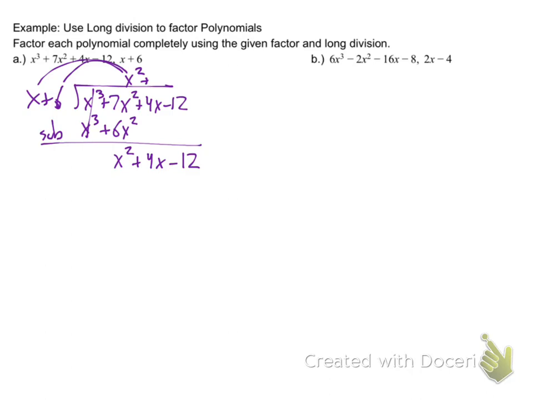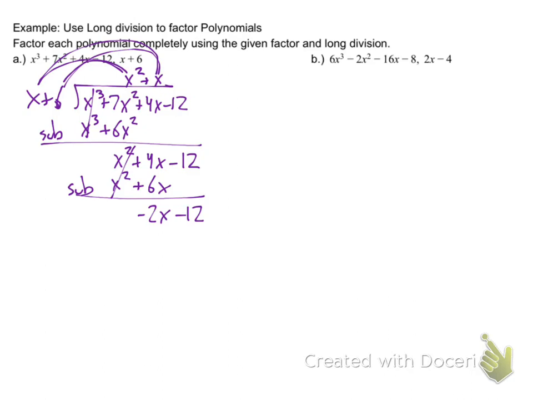Multiply it by x. And now I multiply that. x times x, x squared. x times 6, and I will subtract. What's x squared minus x squared? Cancel them out. What's 4x minus 6x? It's a negative 2x. Bring the negative 12 along for the ride. And I get to do it again.